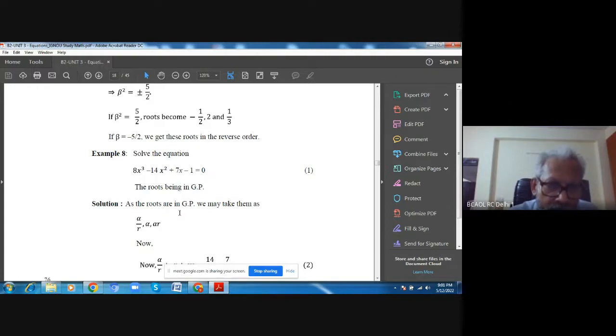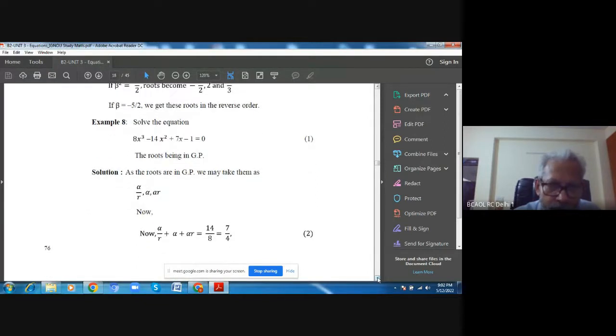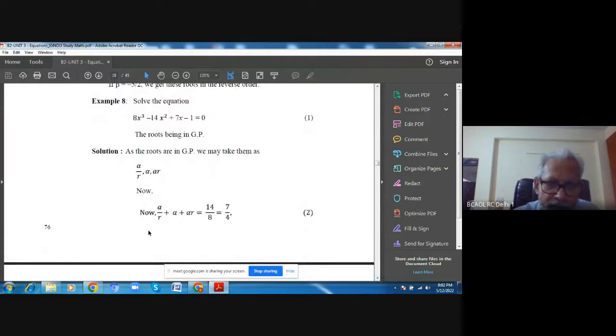Now we have to find the value from here. That's all. But again, it is the same thing. First you find the sum and then the product. First is the sum: 14 by 8. Now, where has 14 by 8 come from?